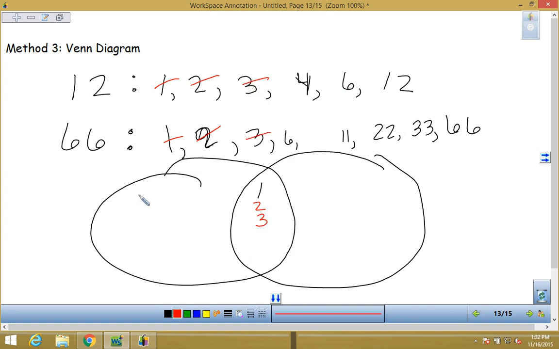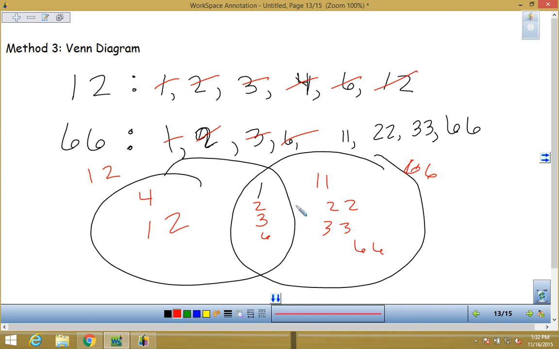No 4, so 4 goes over here, this is 12, and this is 66. 6 they have in common. Then I have 12. Is 12 listed over here? No, so it's all over here. Then I've got 11, and it doesn't go any further, so everything else is over here: 11, 22, 33, and 66, right?